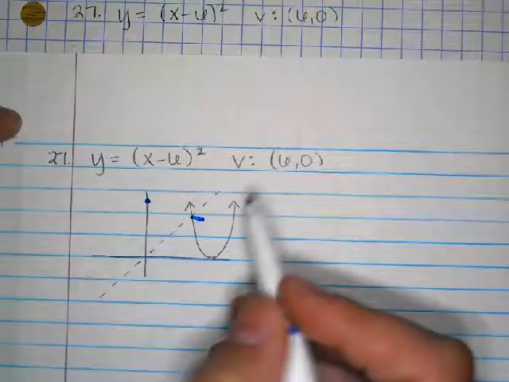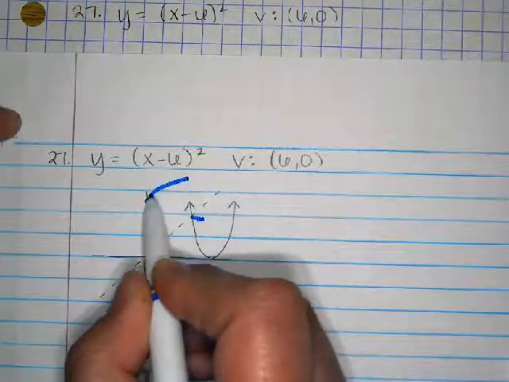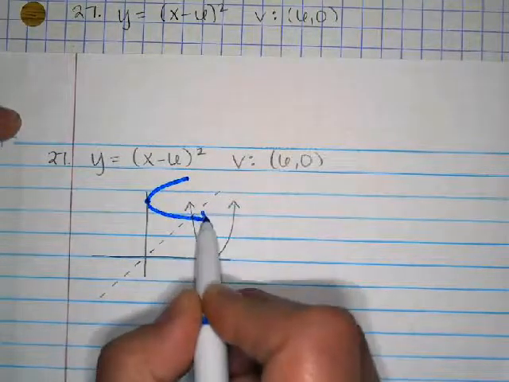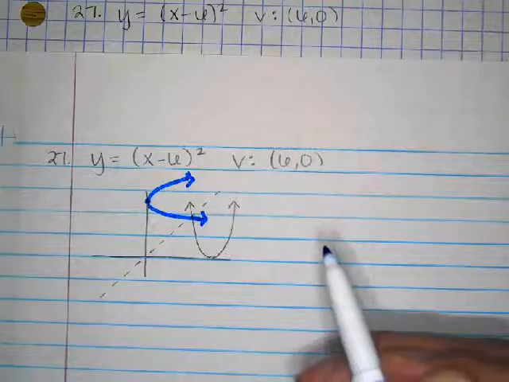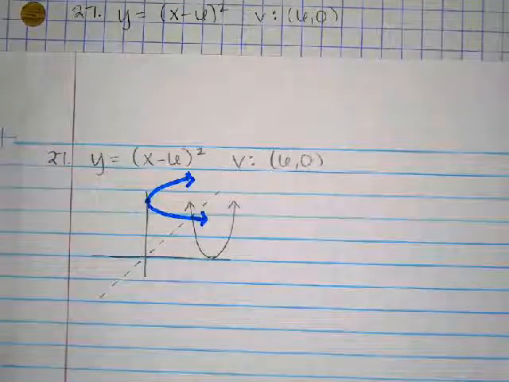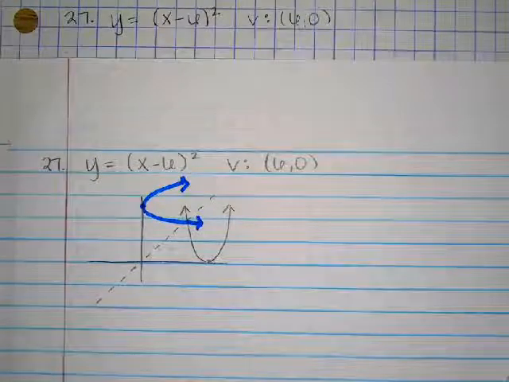Okay, that reflected over the line. It would look something like that, right? The vertex of this one would be 0, 6. That's what the inverse would look like? Yeah. Okay.